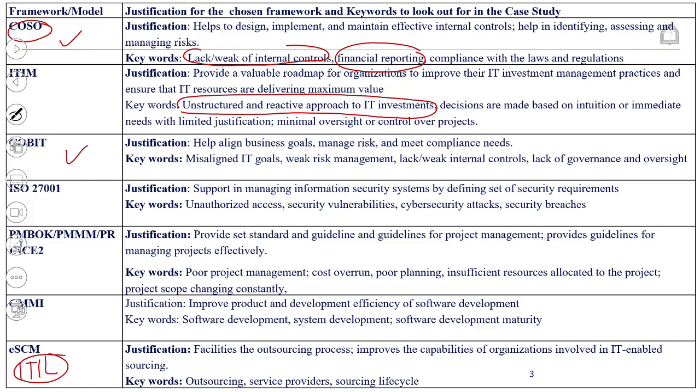The rest can wait because it's not very important to the business. So the keywords are those ones there: decisions just being made by intuition, minimal oversight and control. I added something here, for example, budget constraints.